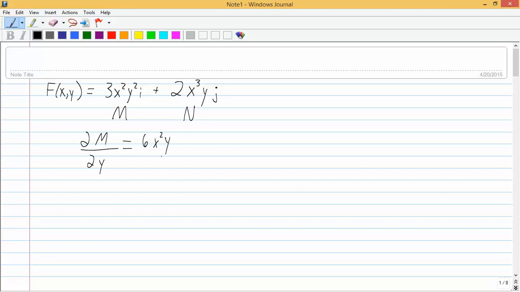With respect to y, that is 6x squared y. And then we want to do the partial of N with respect to what? X. And so that's going to be 6x squared y.